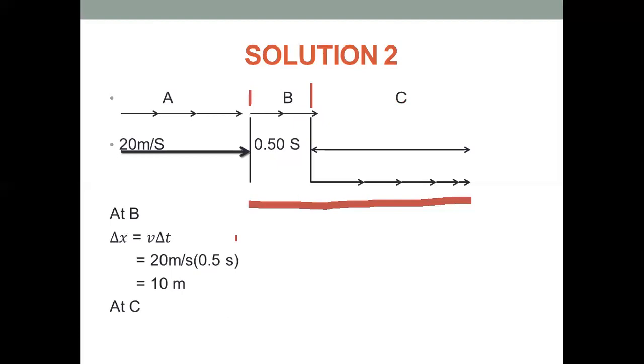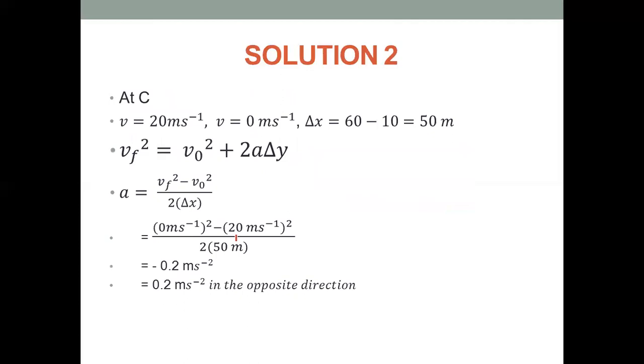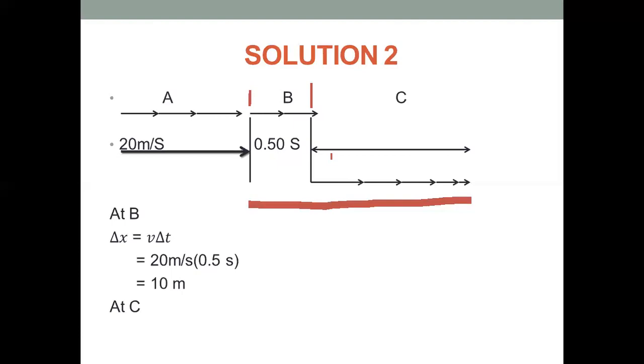Let's consider now section C. At section C, brakes are applied, so the car is slowing down. You can see this motion diagram here, which shows that the car is slowing down.